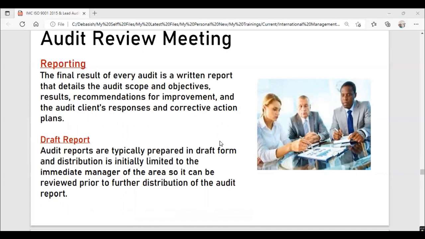Draft report. Audit reports are typically prepared in draft form initially, and distribution is initially limited to the immediate manager of the area, so it can be reviewed prior to further distribution of the audit report.